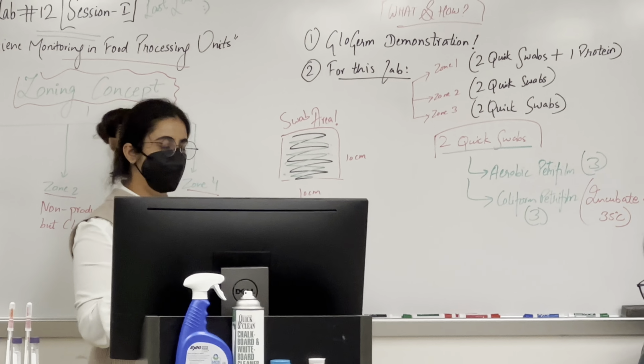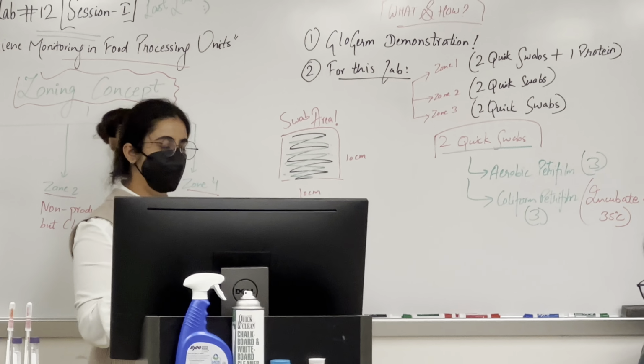It will turn its color to mint green. Wait for 10 minutes, and if it changes its color to purple, that means that equipment is not clean enough. If it remains mint green, then it signifies that it's clean and safe to use. So this part is done.